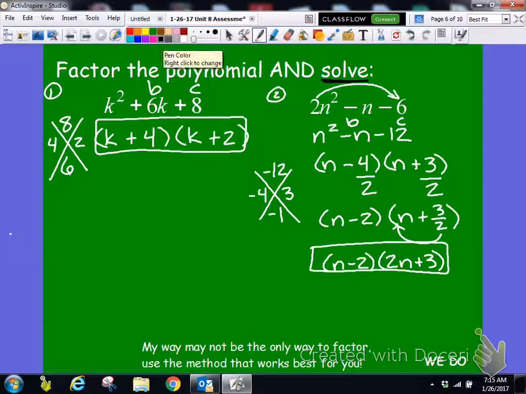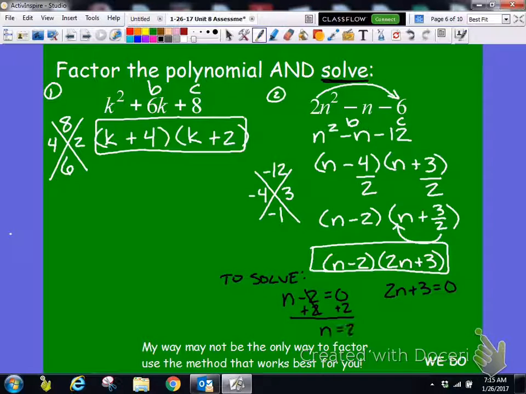But since it wants me to solve as well, I have to take both of these and set them equal to 0. n minus 2 equals 0, and 2n plus 3 equals 0. The first one, I add 2 to both sides, and I get n equals 2 as one possible solution.